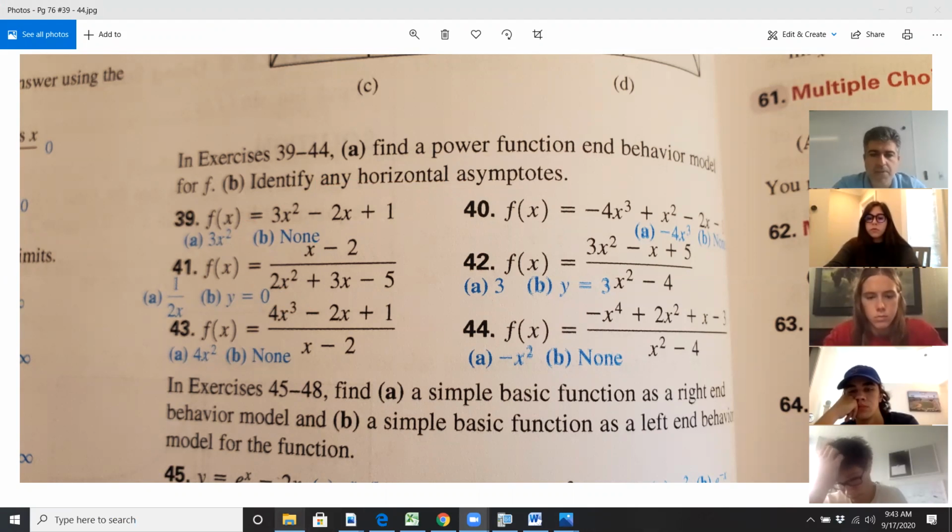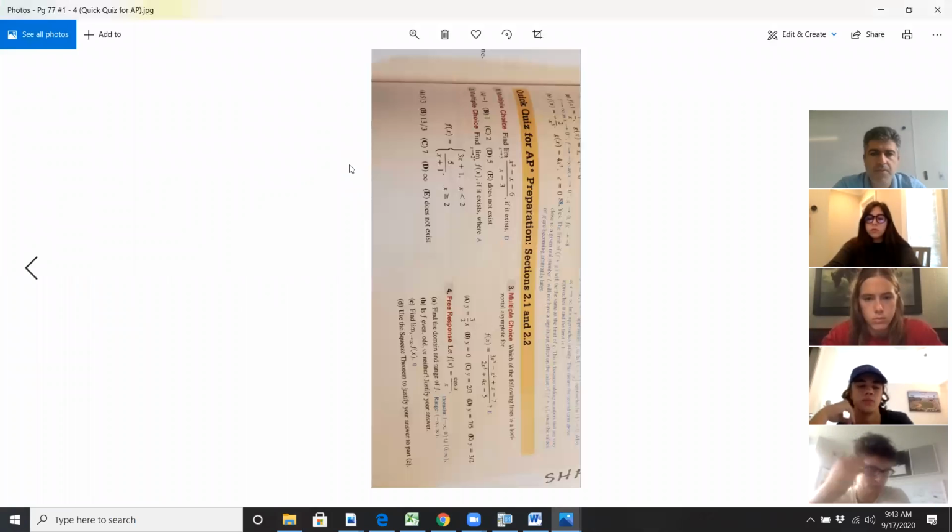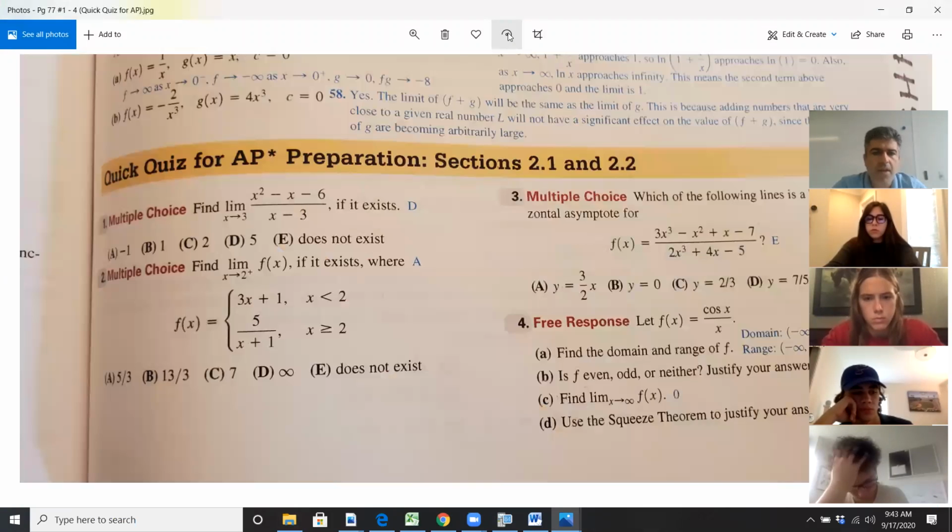And then, of course, the last one was just a little AP quiz. You have all this stuff here, just reviewing some old stuff. And it looks like this was dealing with squeeze theorem.